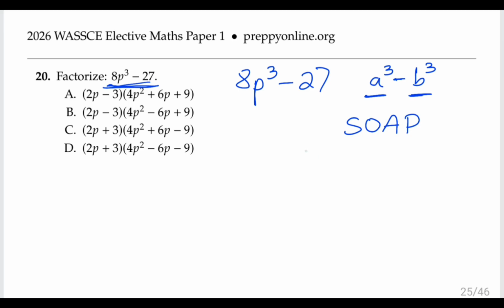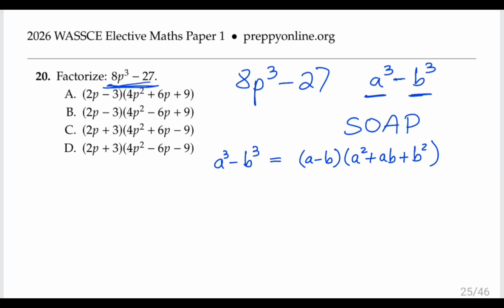And the SOAP method, well, it's not a method, it's just a mnemonic for remembering the formula or what to do. So this is the same as this: a squared plus ab plus b squared. So this a cubed minus b cubed.